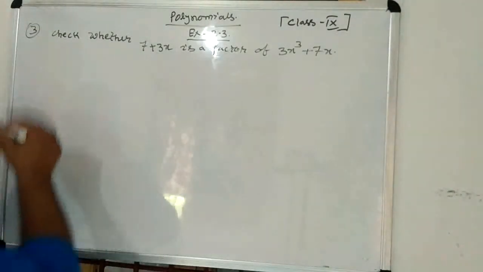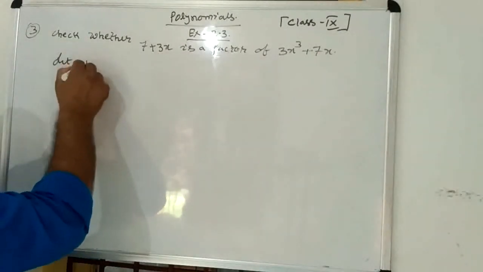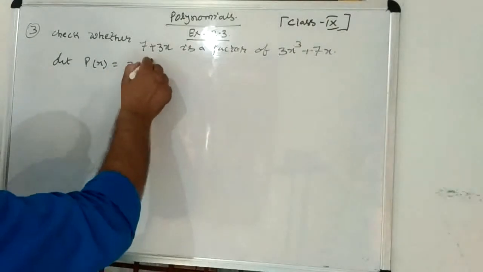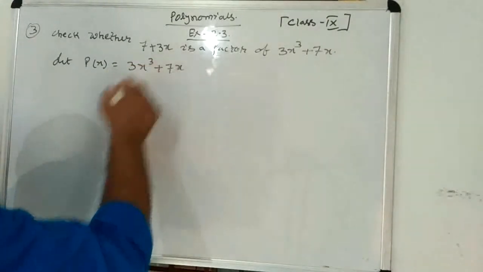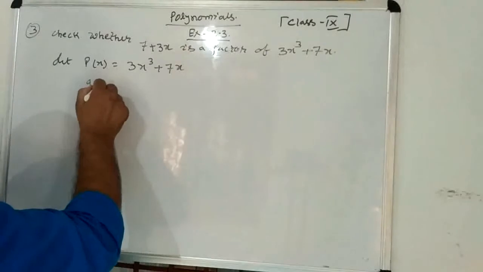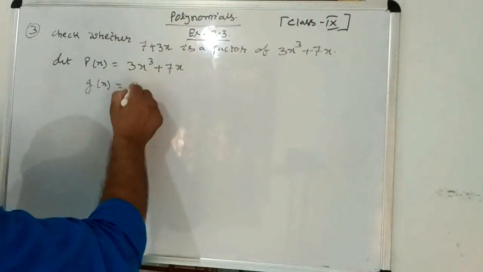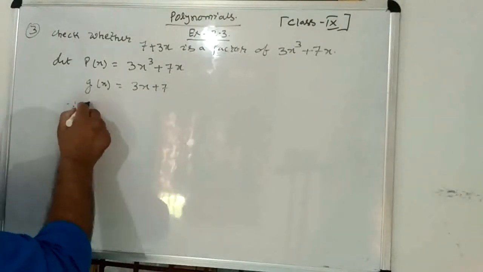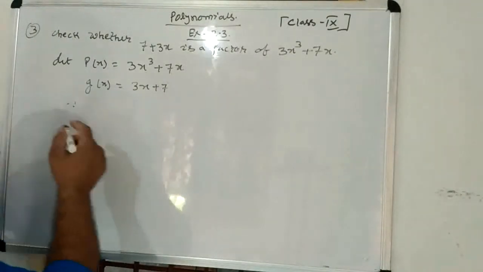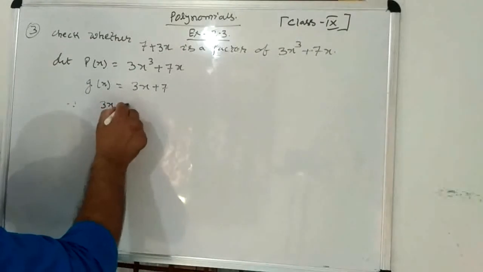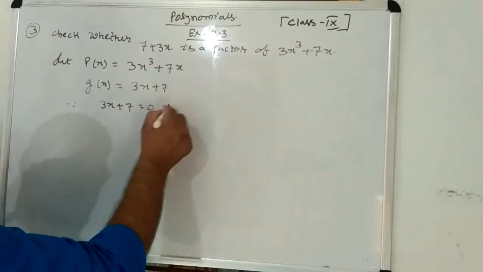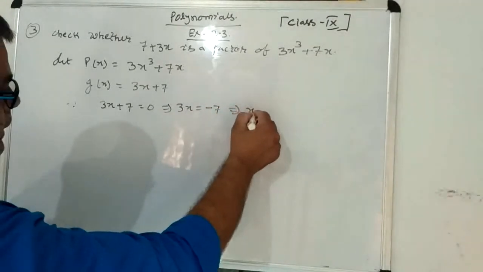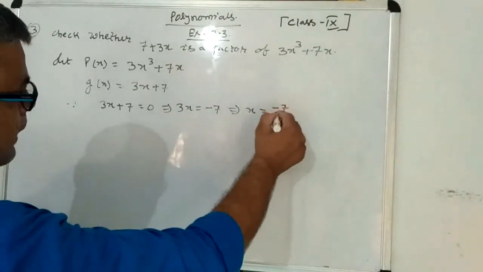So first of all, let p(x) equals 3x cube plus 7x, and another polynomial g(x) equals 3x plus 7. Since 3x plus 7 equals 0, to get the value of x, 3x equals minus 7, so you get x equals minus 7 by 3.